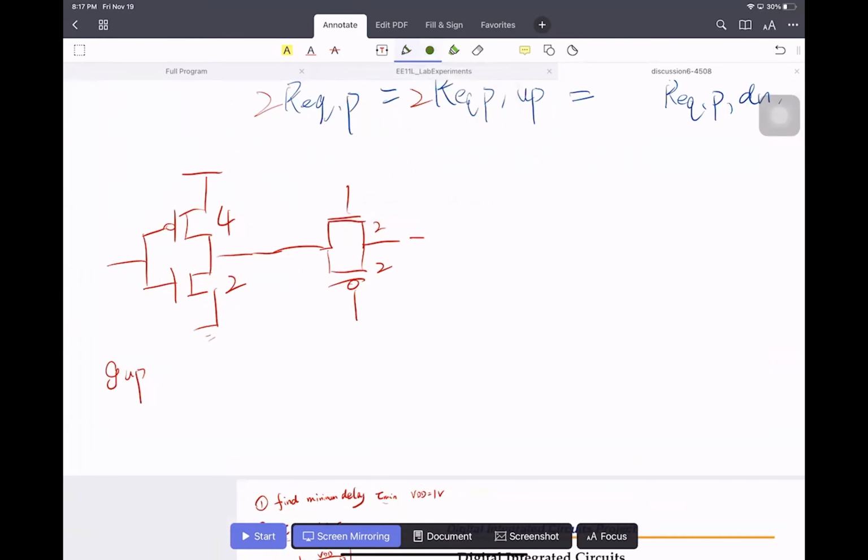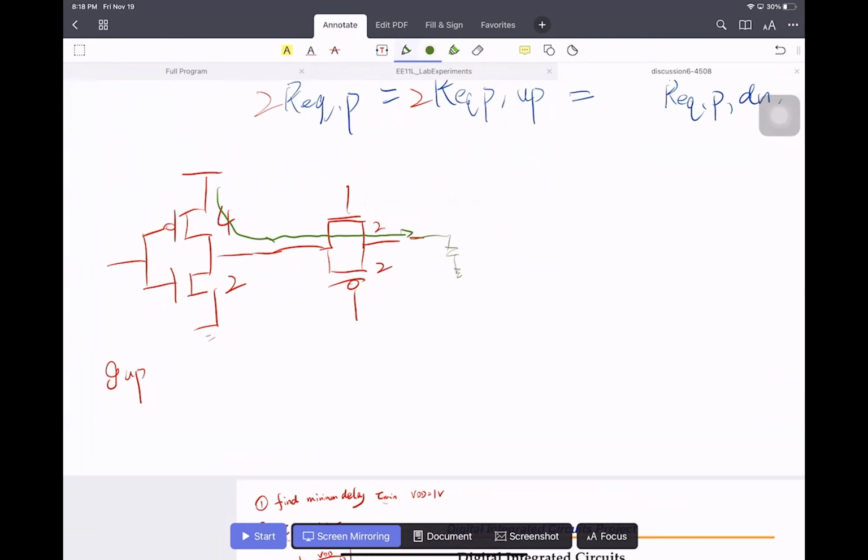When it's pulling up, what it means is the PMOS is on, so there's a current flow in this direction, and it passes through this transmission gate and goes to the output.